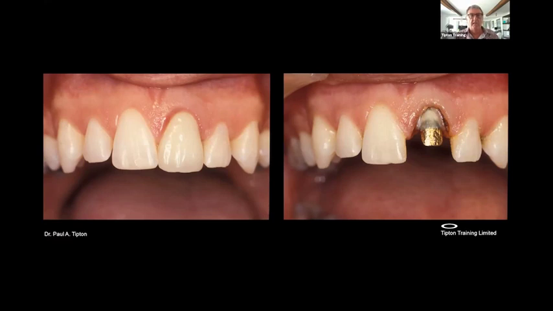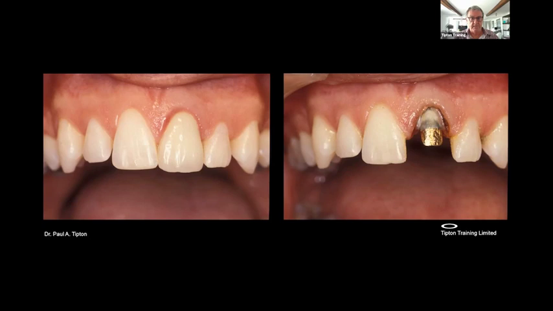Often the buccal plate has been lost, and then we're left with a concavity, and again, loss of vertical and horizontal bone. So if the tooth is going to come out, if it has to come out, get it out early and get a predictable end result by doing an immediate placement.